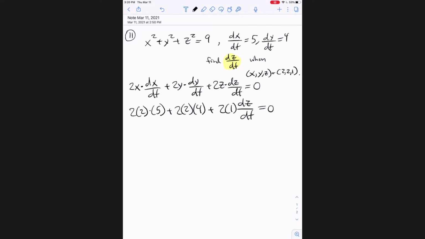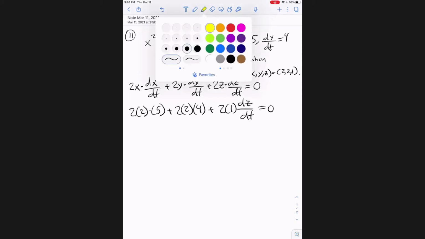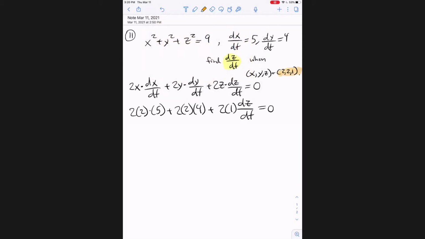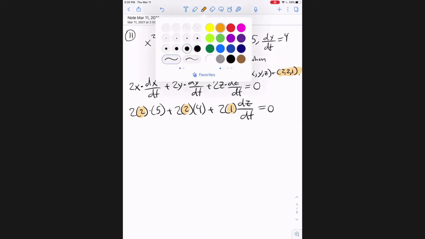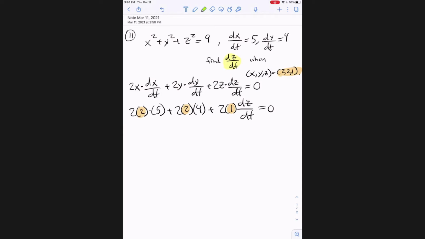To explain what I'm trying to do here, let's use a different color, orange. This 2, 2, 1 here, that's the 2, 2, and 1. And then, of course, let's go with light green highlighter here, the 5 and 4, that's this 5 and this 4 right here.